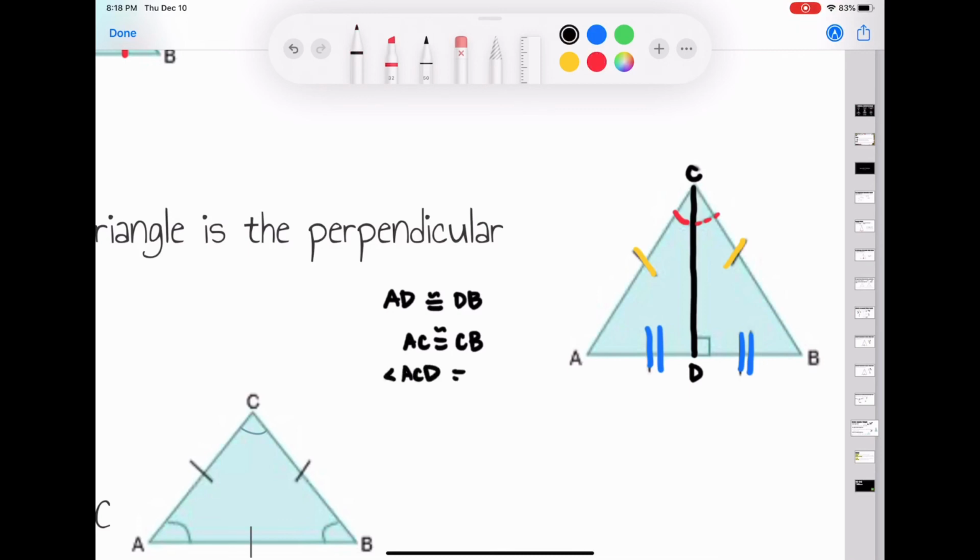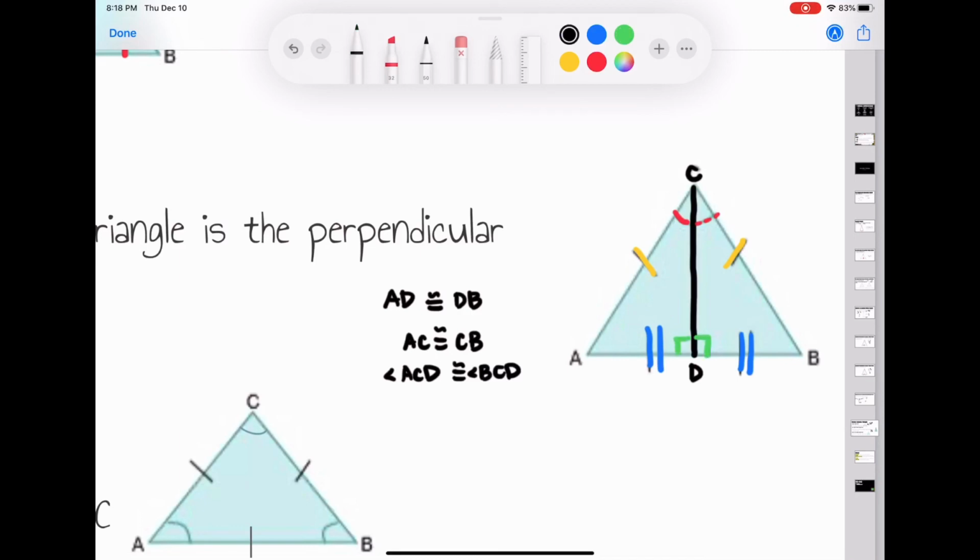ACD is congruent to CDB, or sorry, I need my C in the middle, so I'll call it BCD, okay? But I also know one more thing, and that's that this angle is congruent to this angle.